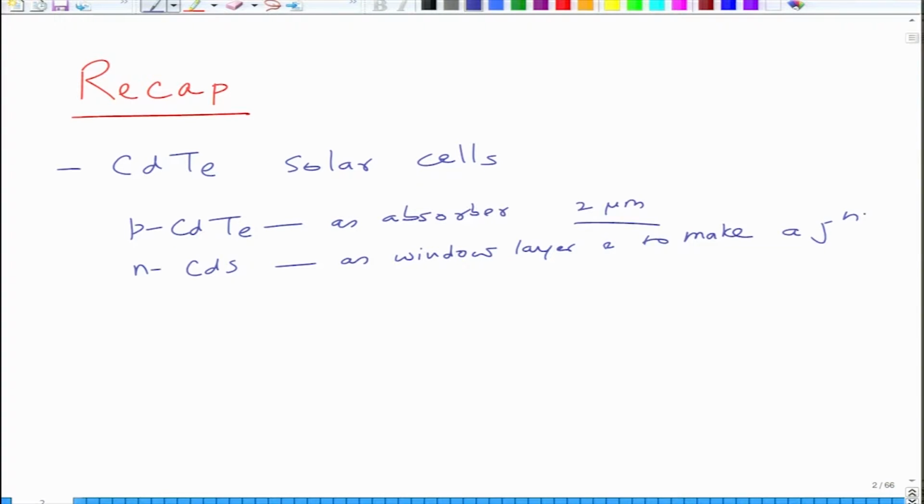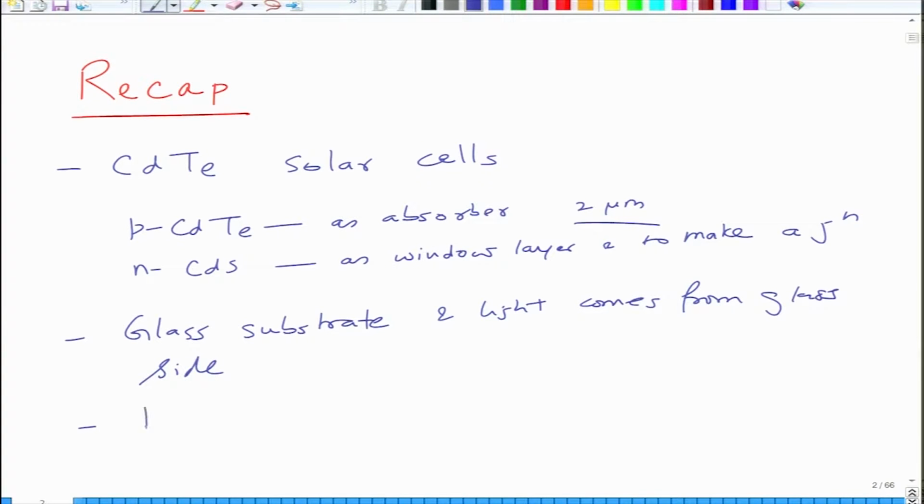Then you appropriately choose the contacts, and this is a device on a glass substrate, and the light typically comes from the glass side.